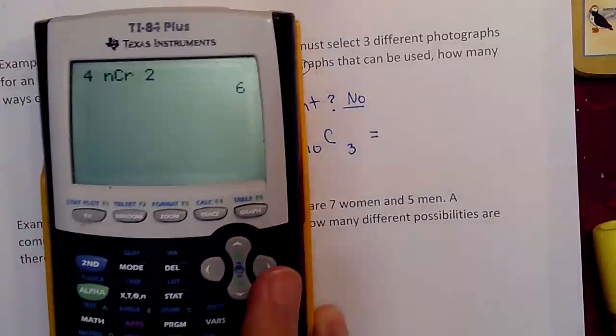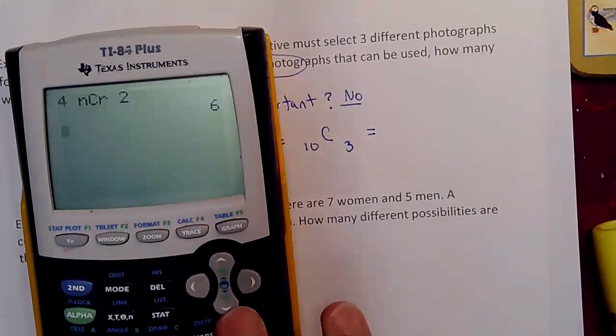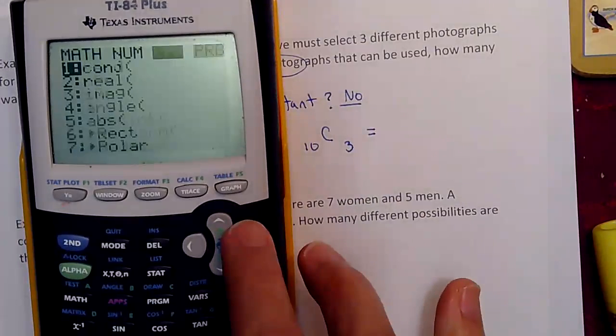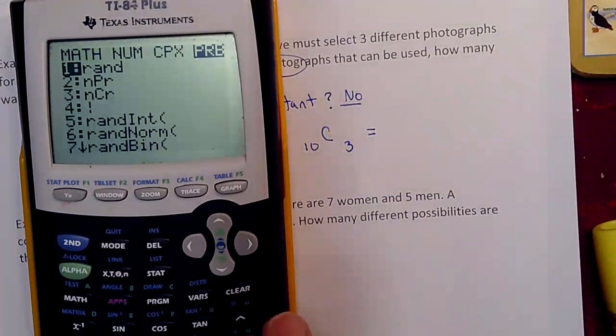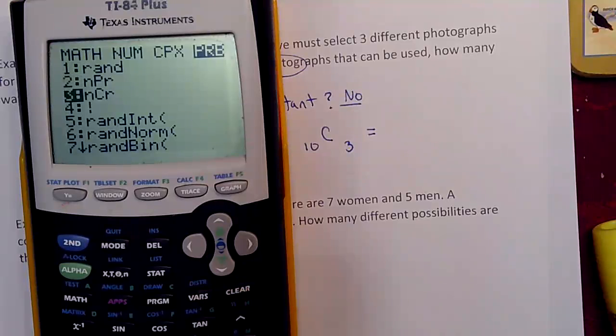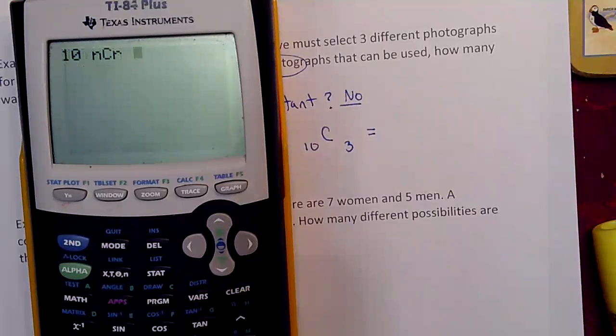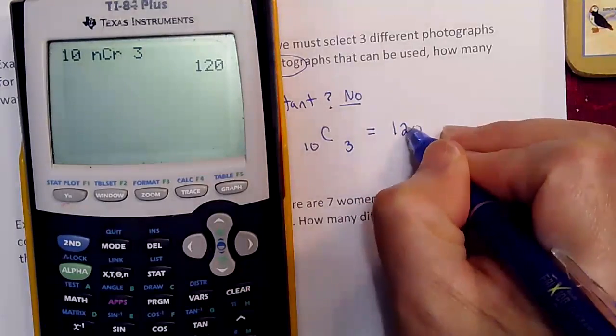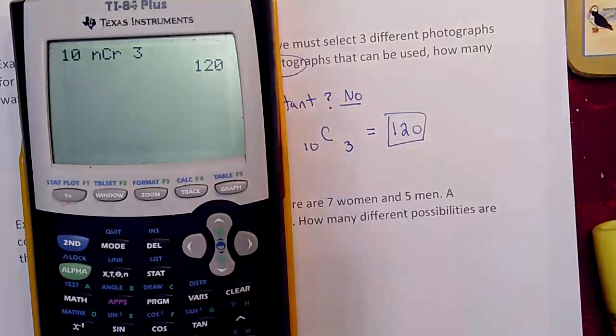Okay, so I'm going to press 10, math, tab to probability, and we want number 3, hit enter, and then type 3 again, and we get 120. Okay.